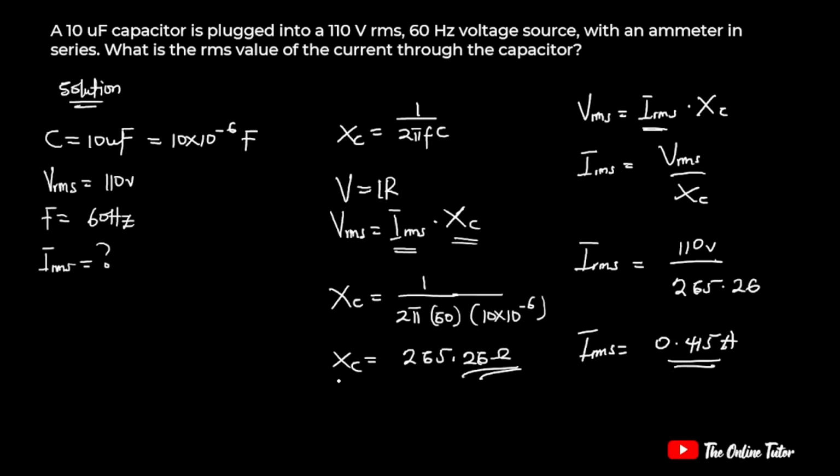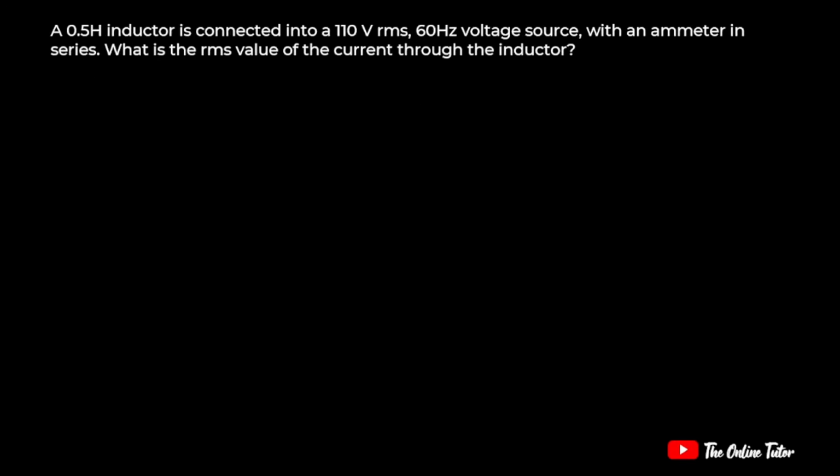Now let's look at another final example. A 0.5 Henry inductor is connected into a 110 volt, 60 Hz voltage source with an ammeter in series. What is the root mean square value of the current through the inductor? So let's have a look at the solution. First of all, let's list the parameters that we have.